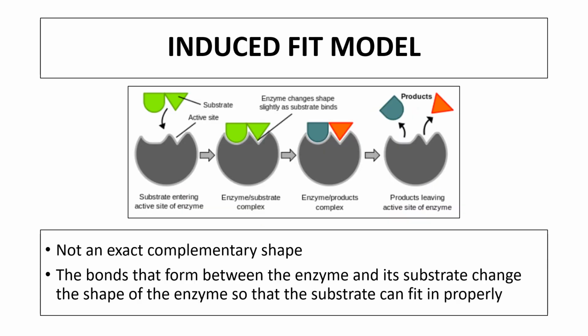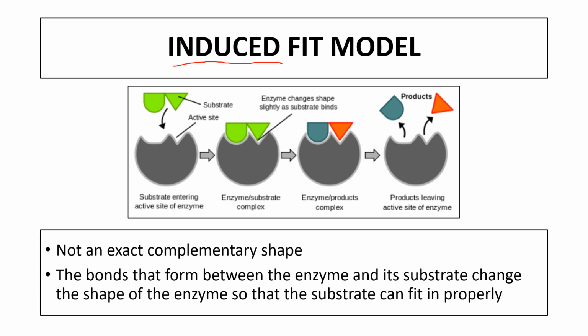But we also have something called the induced fit model, which is probably more realistic because we know things in biology aren't perfect. So this is where the active site is not an exact complementary shape, but when the bonds form between the enzyme and the substrate, when they come into contact with each other, this changes the shape of the enzyme so that the substrate can fit properly. So induced fit means that the active site is induced to fit whatever it needs to fit.